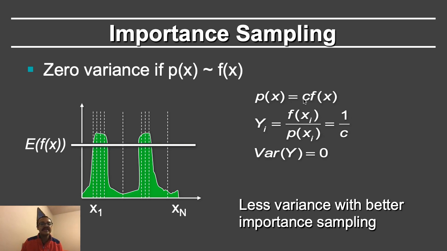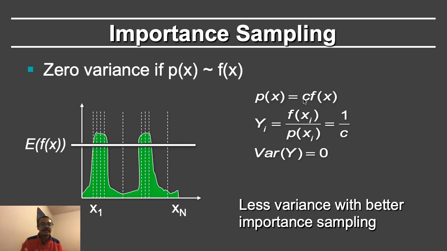This constant c is needed because the integral of p(x) dx has to be equal to 1, while the integral of f(x) can be arbitrary. And finding this constant c, as you can imagine by doing the algebra here, is equivalent to finding the integral of f(x) dx, which is the original problem.